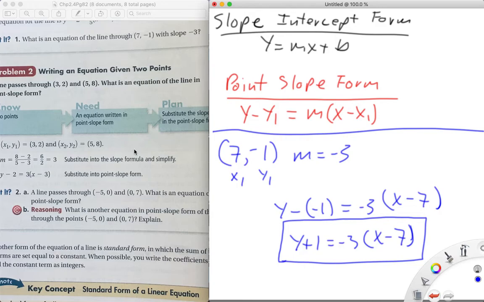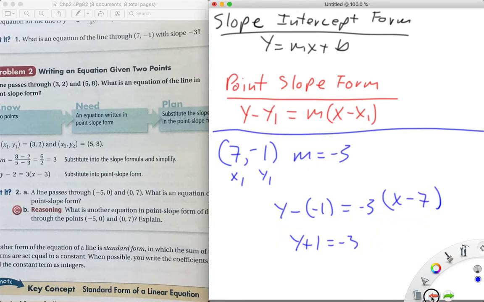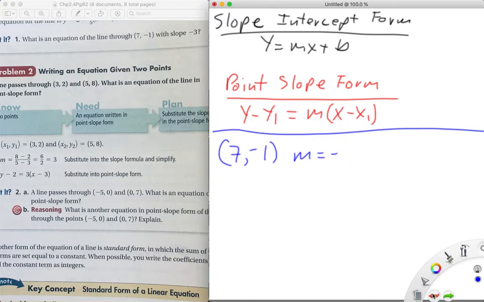You can also get point slope form if they give you 2 points. An example of that would be the book gives us the points -5, 0 and 0, 7.